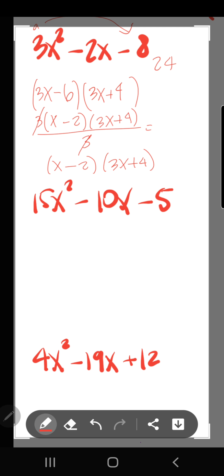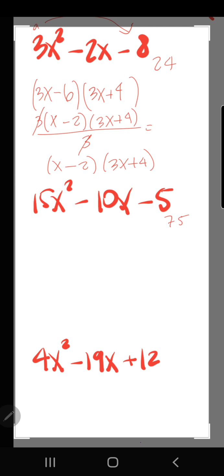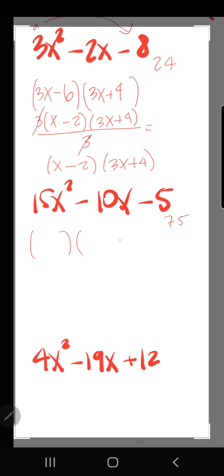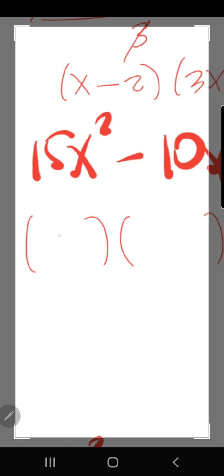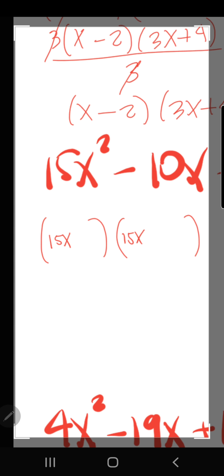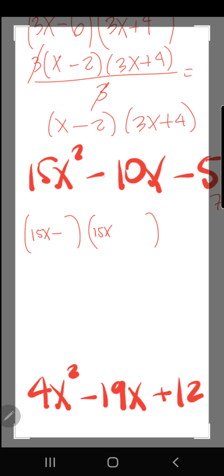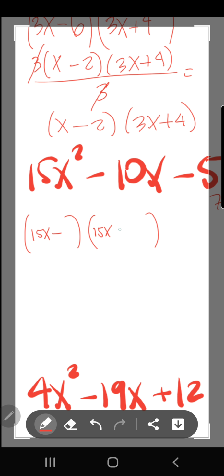So here we will repeat steps. 15 times 5 is 75. Right. Now, parentheses, 15x, first sign must be copied, negative, and minus times minus is plus.